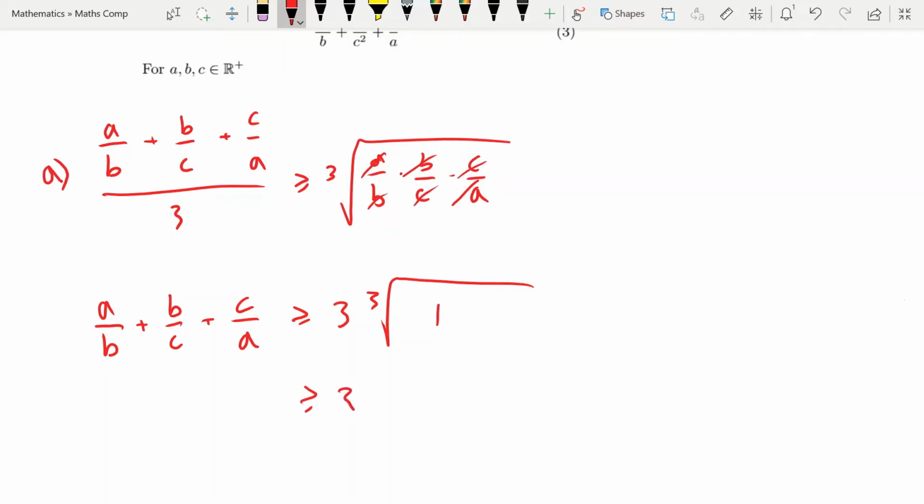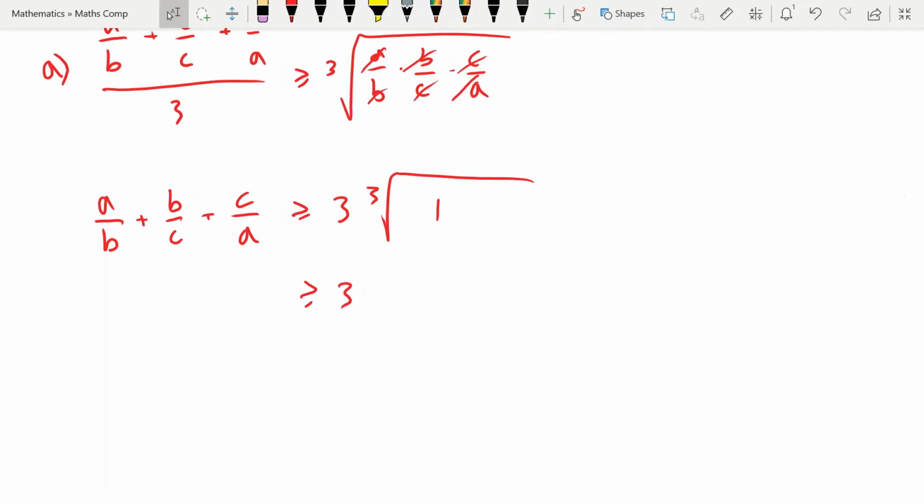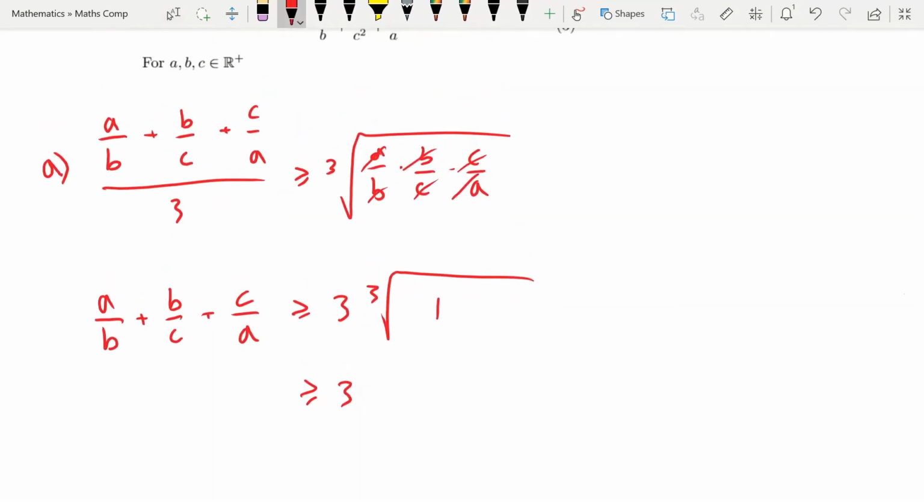So this is just equal to 3. And there we go, we've done the first part.